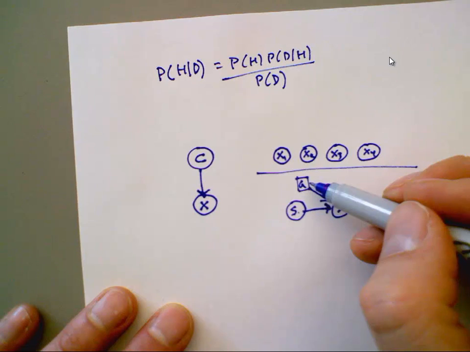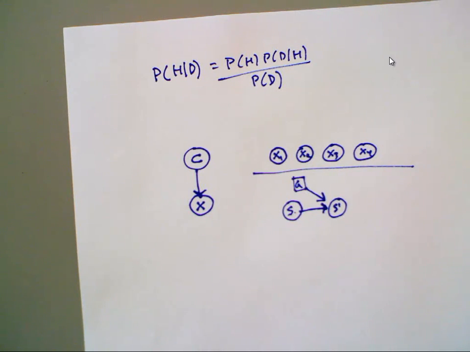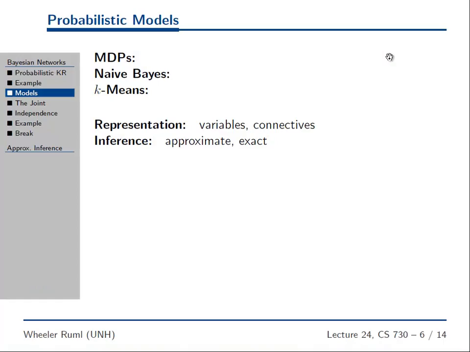A isn't really a random variable because you get to choose it, so that's why it's a box rather than a circle. Anyway, so you've seen some probabilistic models so far, but we just haven't written them down in this BayesNet-y kind of picture.